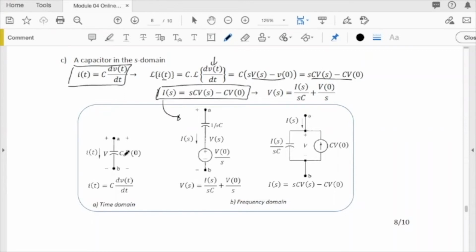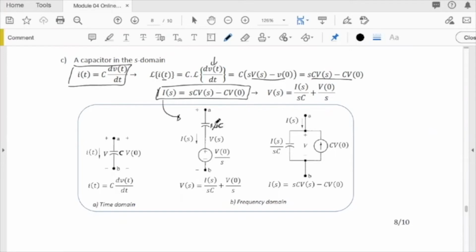Here you can see that the value of the capacitor C in the time domain will become 1 over SC in the S domain.